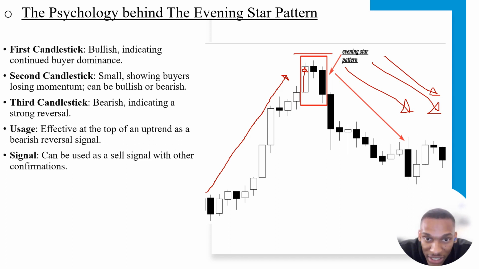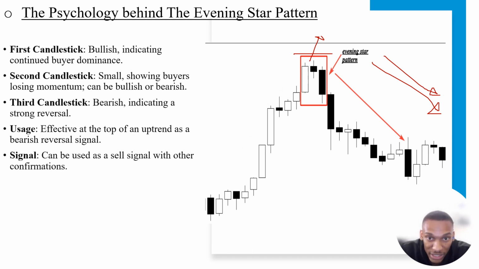But instead of getting another push up, we got a small candlestick, which suggests that buyers are losing momentum or are losing power. And then to confirm everything, we get this bearish candlestick, the third one, which suggests that now sellers are coming in the market. Therefore, you can expect the market to reverse and go downwards.